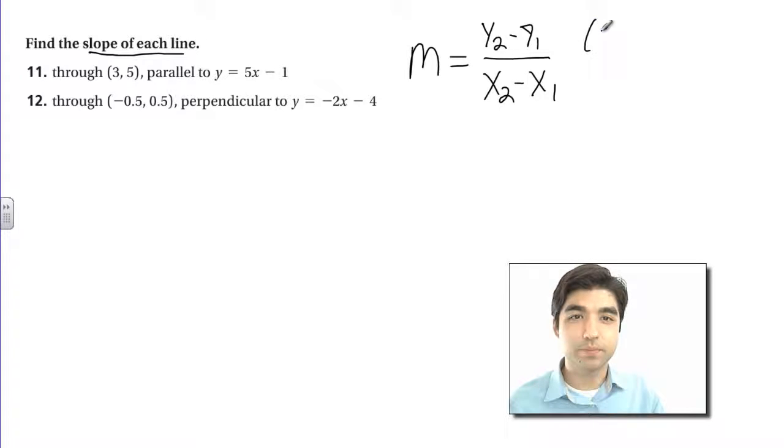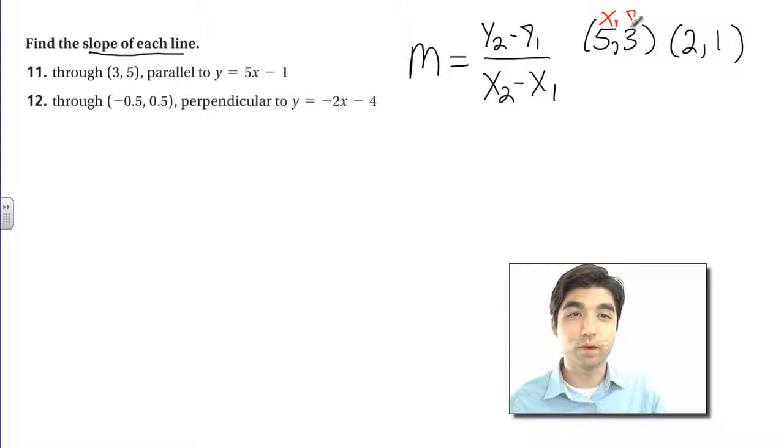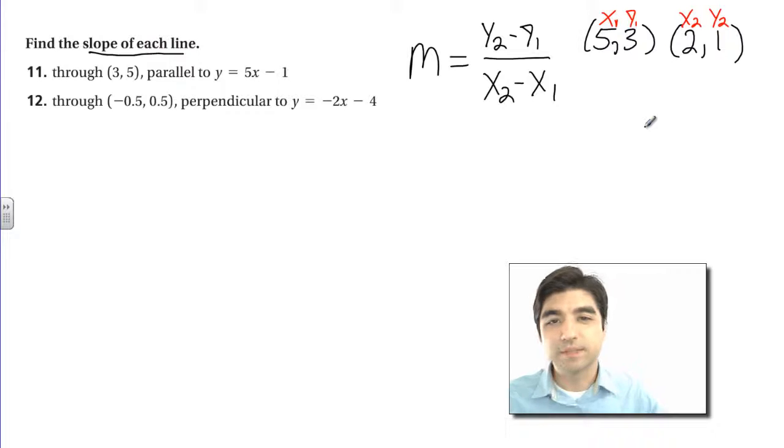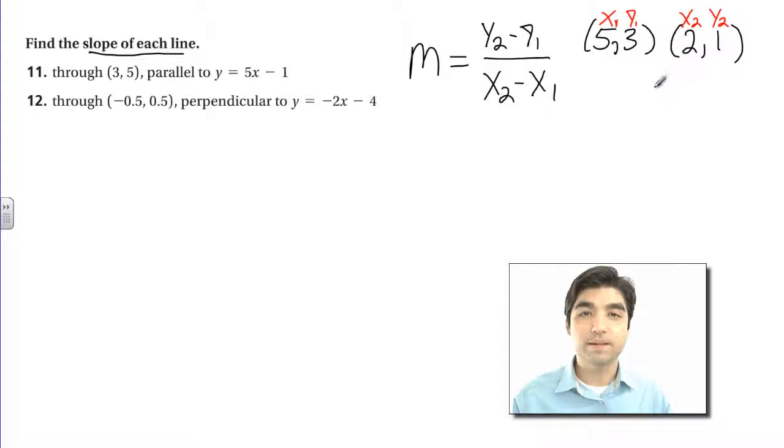Like if you had two points, 5 and 3, and let's say 2 and 1, you would label these points x1, y1, and x2, y2. So that's one thing that you should know about slope.